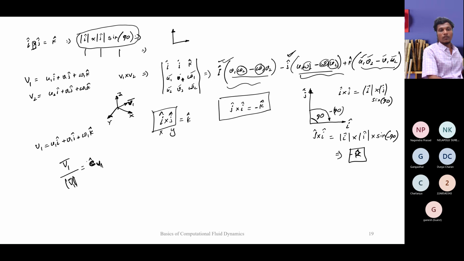The value you get will be in this format: u by the square root of u square plus v square plus w square i cap, and v by the same, where this u square, v square, and w square is your modulus that you are dividing your entire vector with.